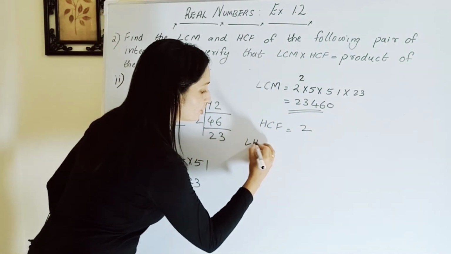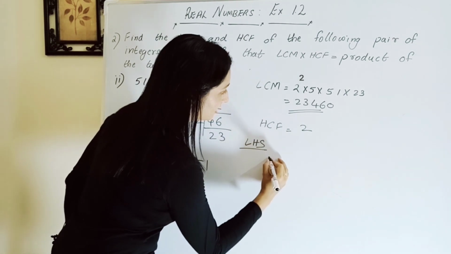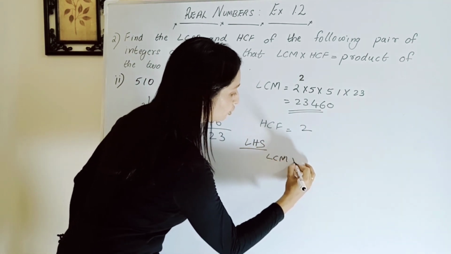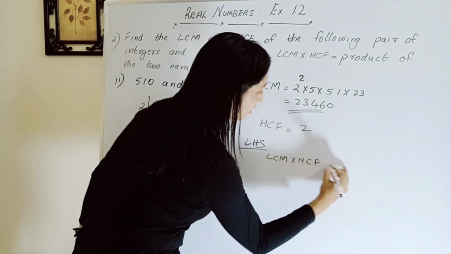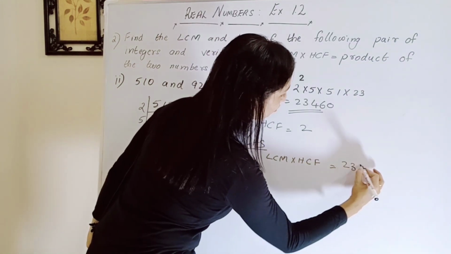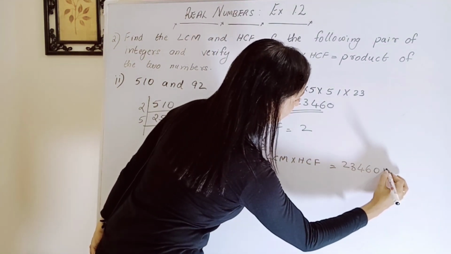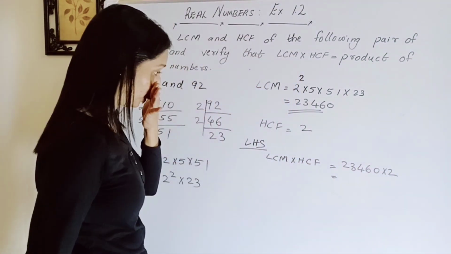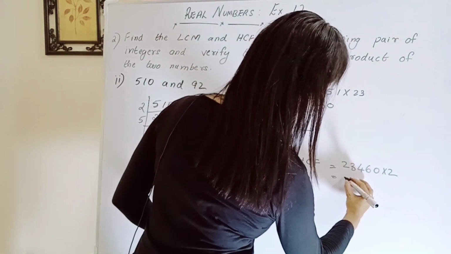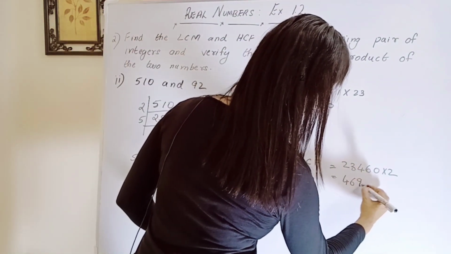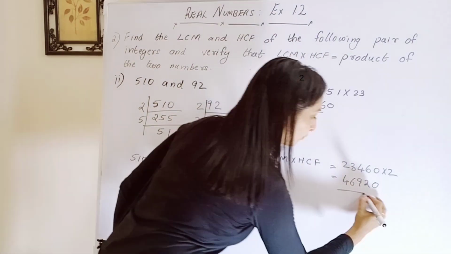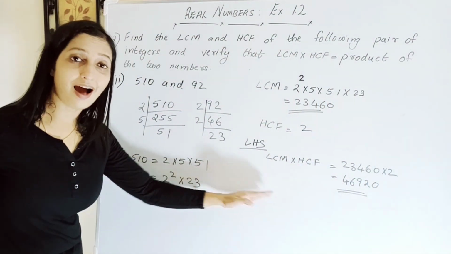So our LHS is LCM into HCF, which is equal to 23460 into 2, and you get the answer as 46920. Now let us find out the RHS.